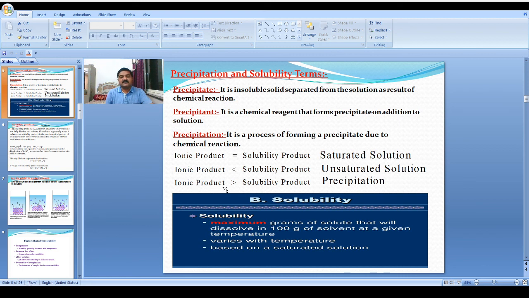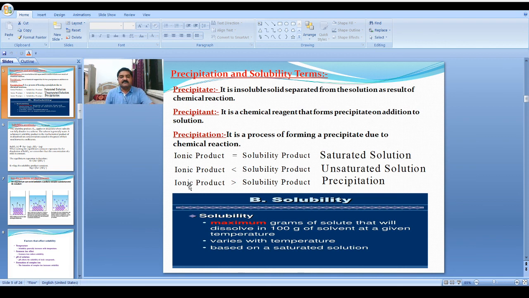And if the ionic product is greater than the solubility product, this condition is known as precipitation. That means the product of the charges, cations and anions, is greater than the dissolving capacity of the ions here.